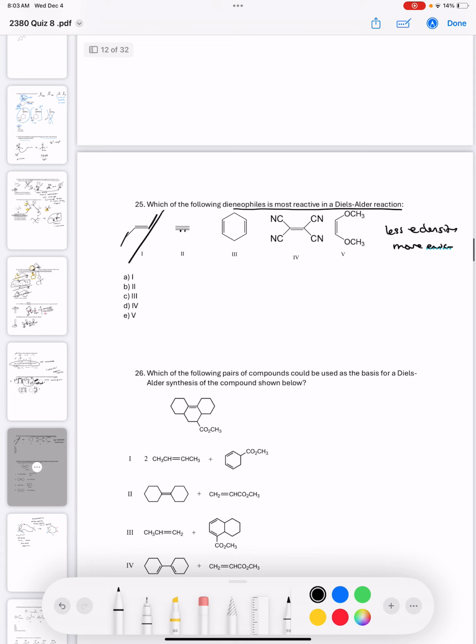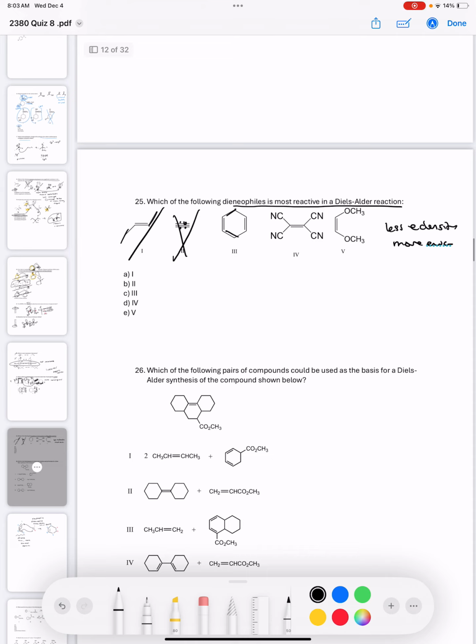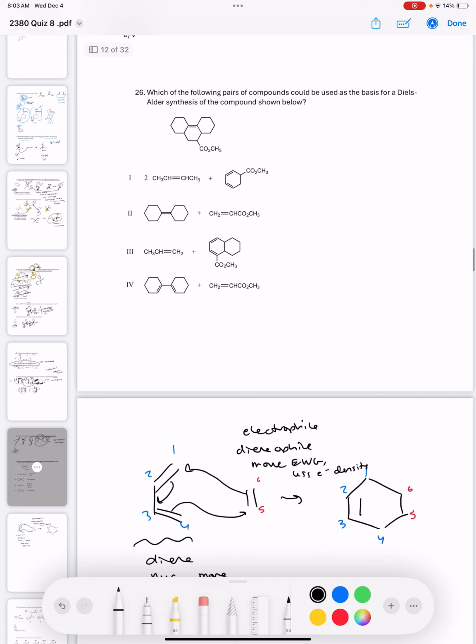There's extra electrons here on it being a triple bond. It could act as a dienophile, but again, more electrons. Here we also have methyl groups, so electron donating. Cyano groups are electron withdrawing, so this is a good option. And then the oxygen here is going to be electron donating. So I think it will be answer choice D based on that.